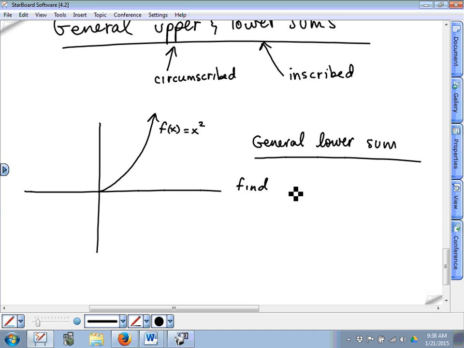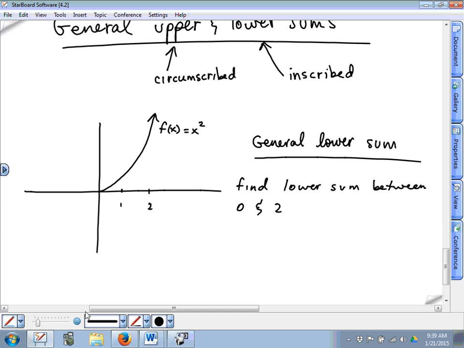So find the lower sum between 0 and 2. What we're going to be doing here, though, is an arbitrary amount of rectangles.